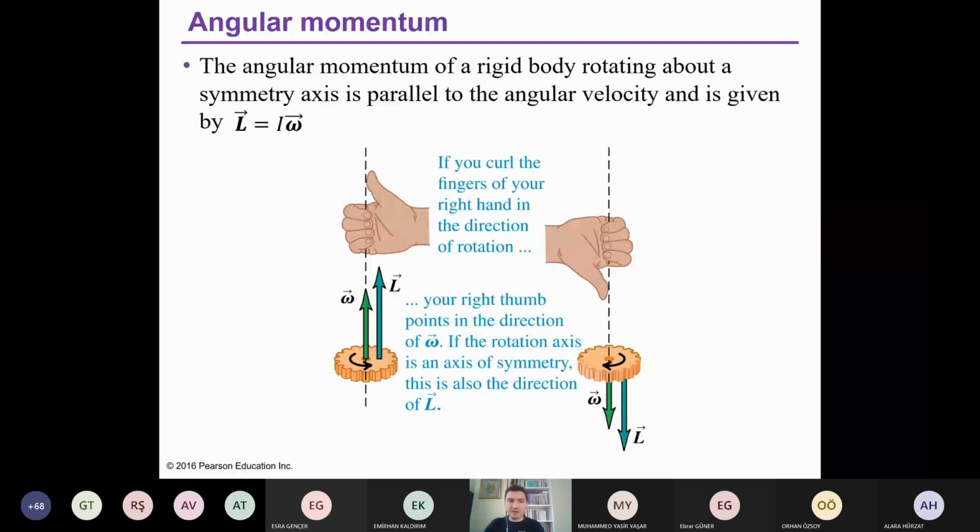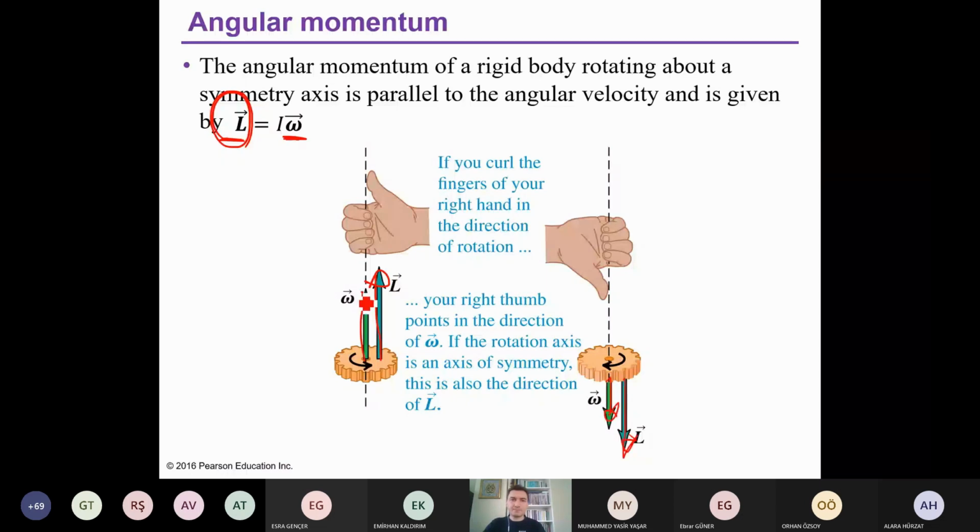So they are in the same direction. Again, you find the direction of the angular momentum with the right-hand rule. So depending on the rotation direction, counterclockwise or clockwise, by using the right-hand rule, you can find the direction of the angular momentum. You can find the direction of the angular velocity. Okay, so this is the direction of the angular momentum.